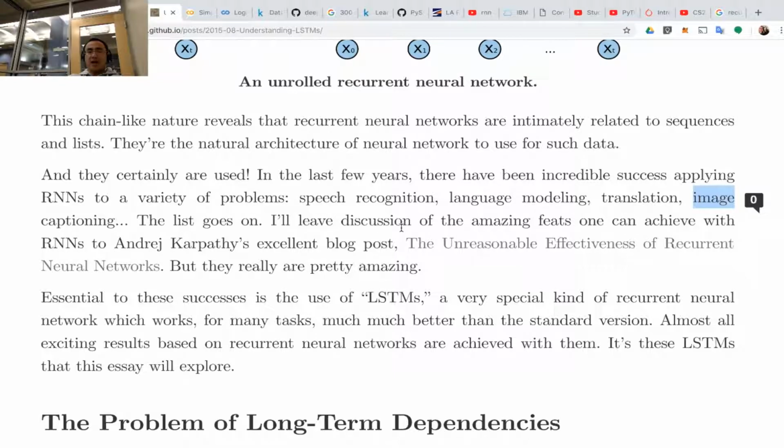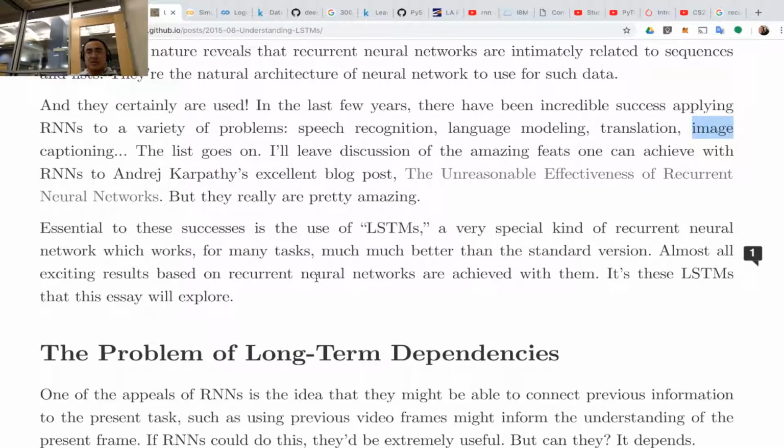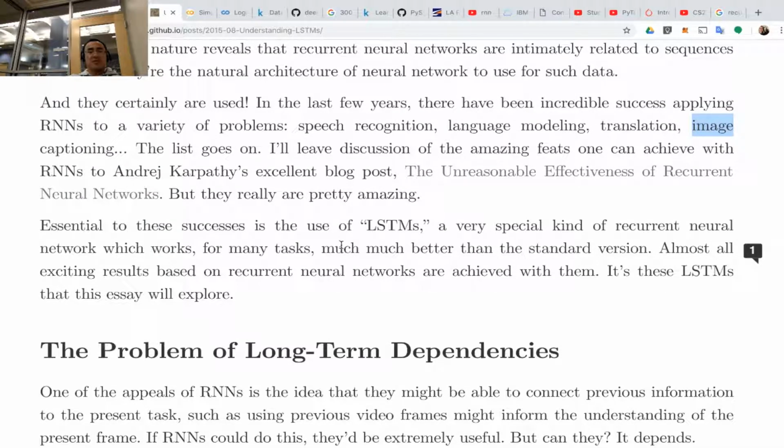The list goes on. I'll leave discussion on the amazing feats one can achieve with RNN to Andrej Karpathy's excellent blog post, the unreasonable effectiveness of recurrent neural networks. But they are pretty amazing. Essential to this success is the use of LSTMs, a very special kind of recurrent neural network which works for many tasks much better than the standard version.